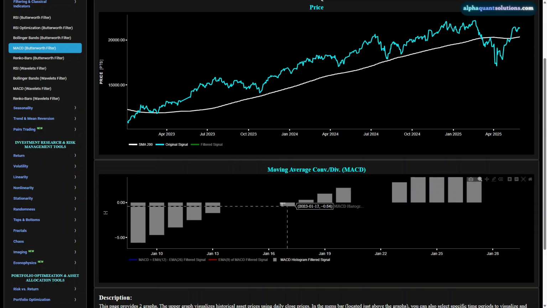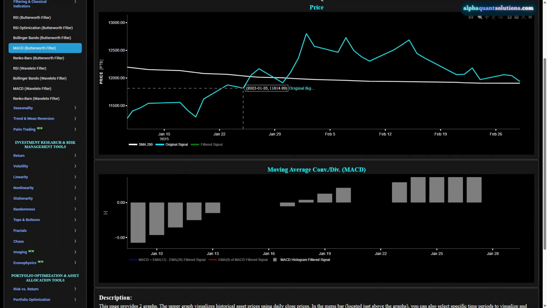This was on the 17th of January 2023. How was the price back then? So this is way below the 200 SMA, so this does not qualify as an entry.